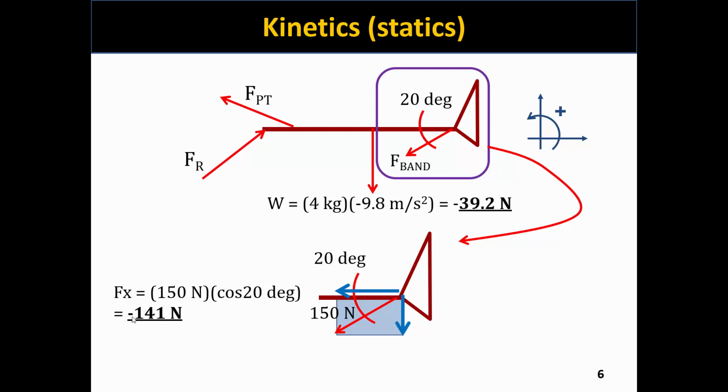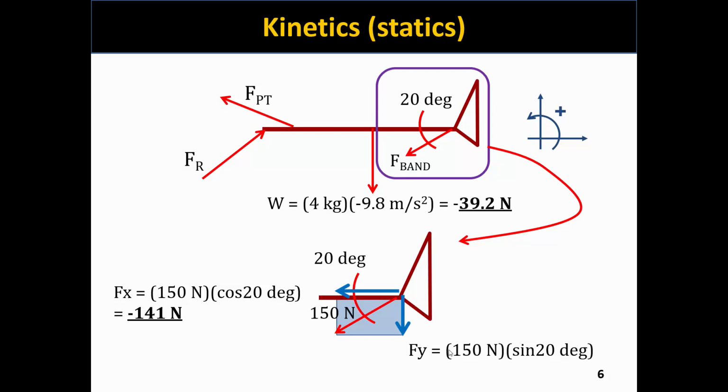I put the negative sign here because the direction of this vector indicates that it's going in the negative direction, because at the start of this problem we had identified positive to the right. We'll do the same thing with our vertical vector, the force in the y direction, which again is proportional to the resultant of 150 newtons, but it's the sine, which is the opposite length to the angle of 20 degrees.